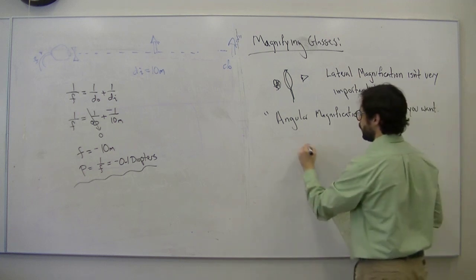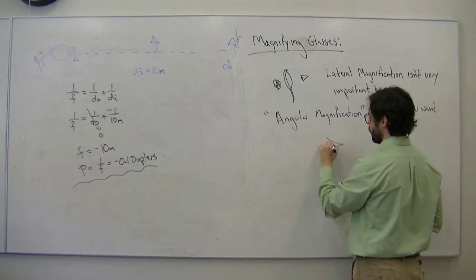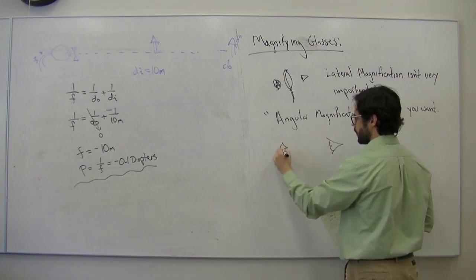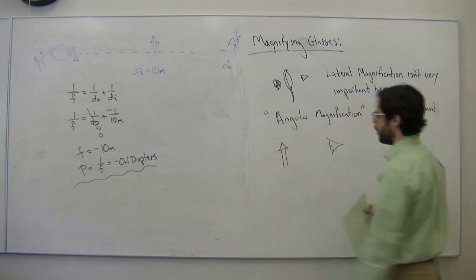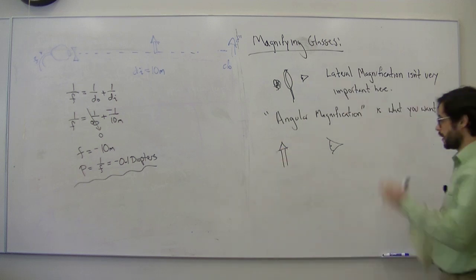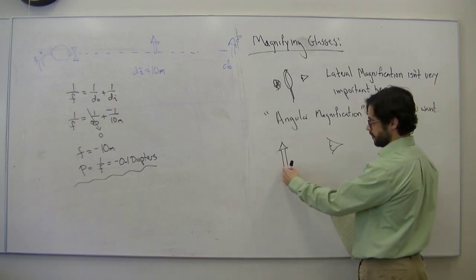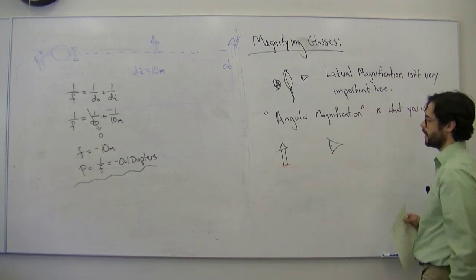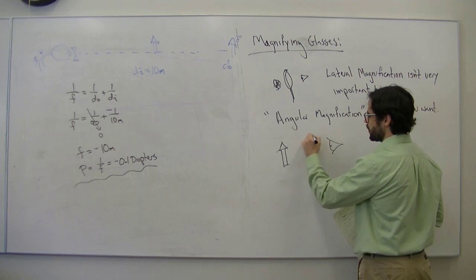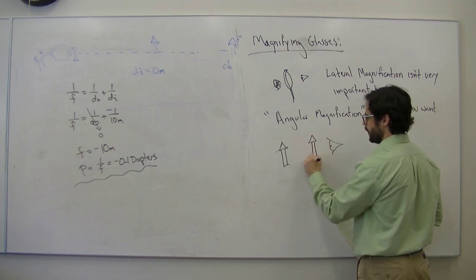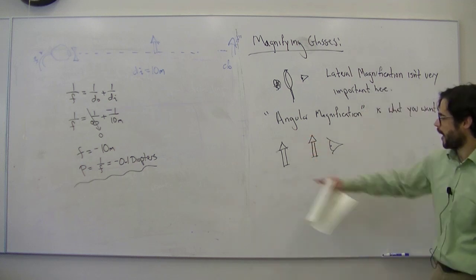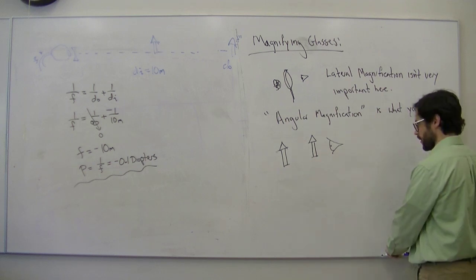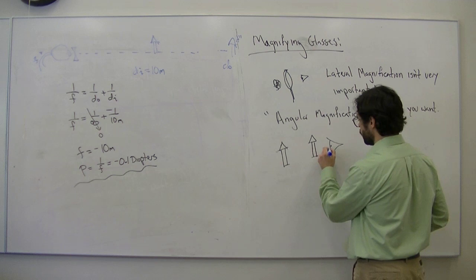And you angularly magnify stuff all the time. So here's your eye, and here's an object, which could be a small word on a page or something like that. And it's too small for you to read, right? So what do you do? You don't resort to exotic optical things. You just get closer, right? So I haven't actually changed the height of this. I haven't done any sort of lateral magnification. There's nary a lens involved.